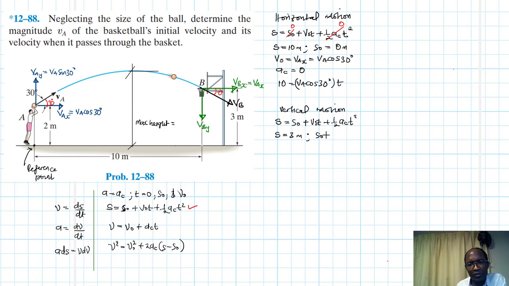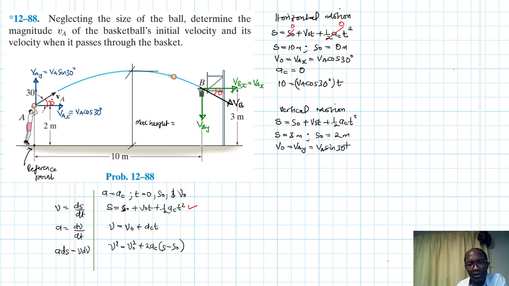S naught is equal to 2, and V naught is equal to VAY, which is equal to VA sine 30.